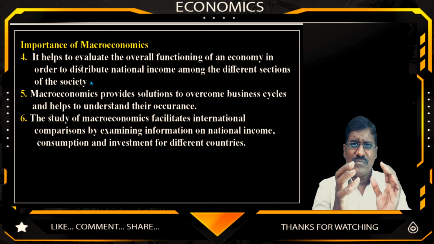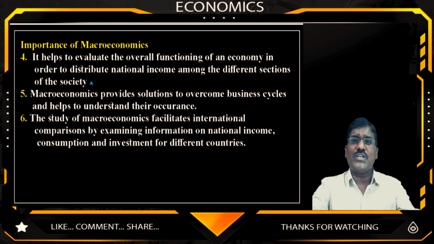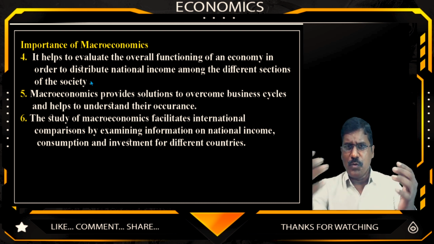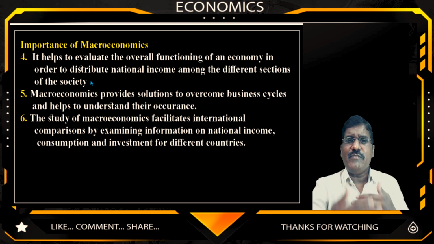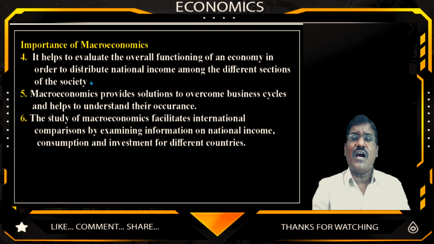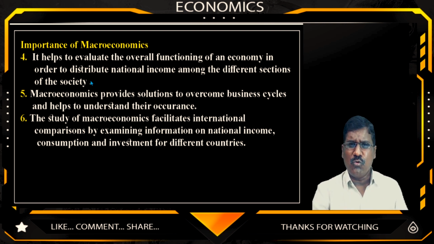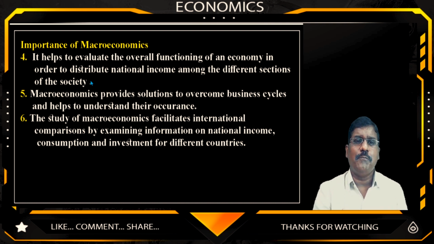The poor people get a low level of income, the rich people get a high level of income. So that's why there is a variation between rich and poor. It is caused by income inequalities. The poor and rich create income inequalities. So this is also one of the important factors of macroeconomics.